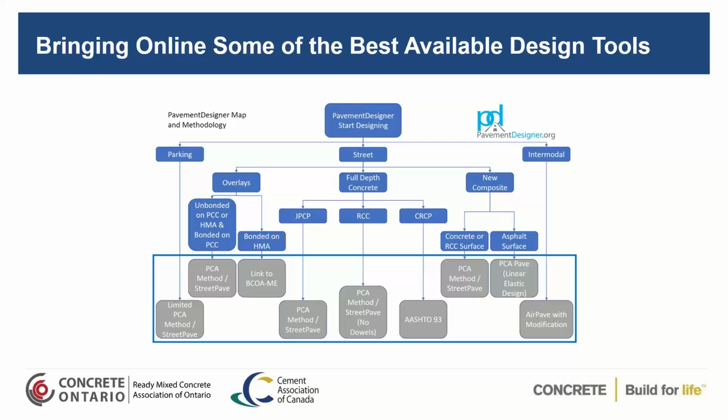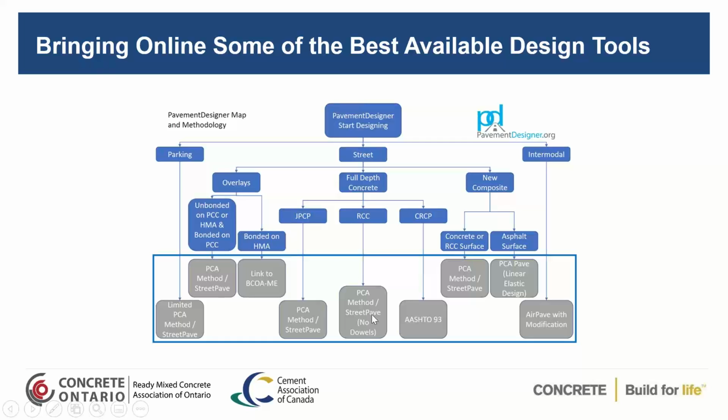And basically what this slide shows is if you're doing a parking lot, your parking lot is based on the PCA design method, the StreetPave, and as mentioned before, it's also based on the ACI design tables. If you're doing your overlays, these are the software that it's based on. And if you're doing streets, if you do jointed plain concrete pavement, you're based on the PCA method and StreetPave.